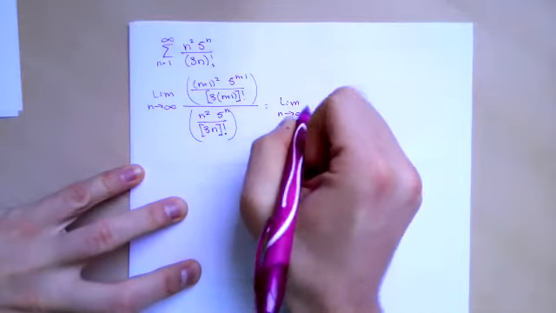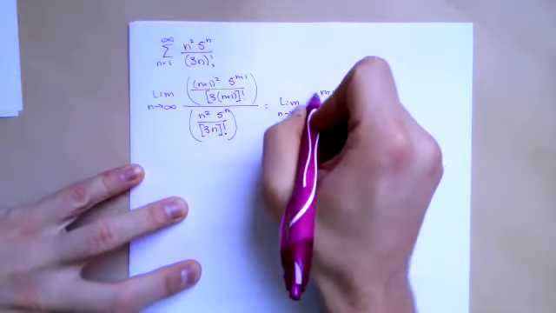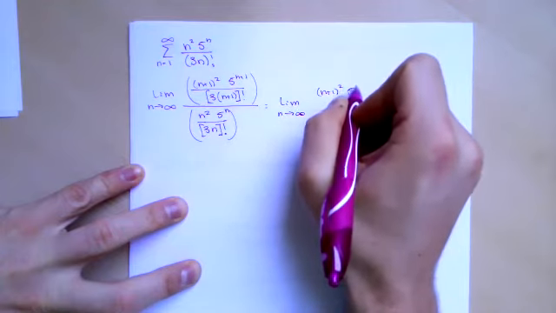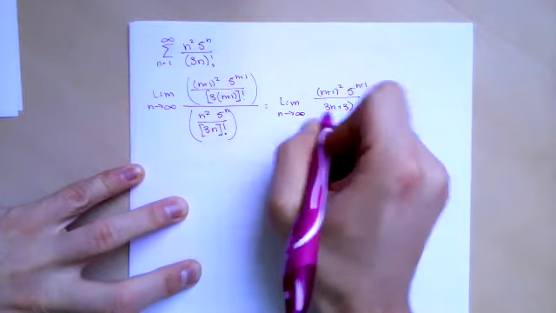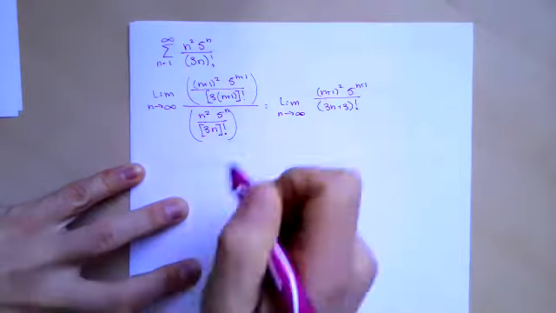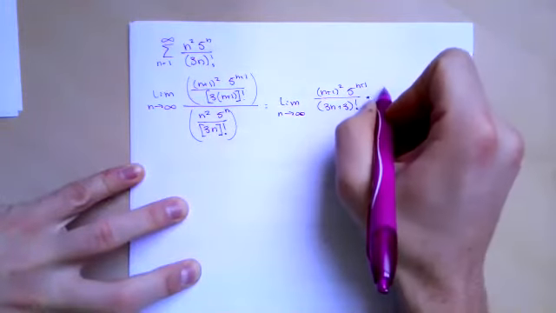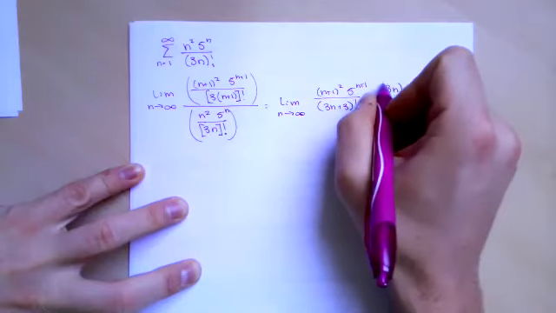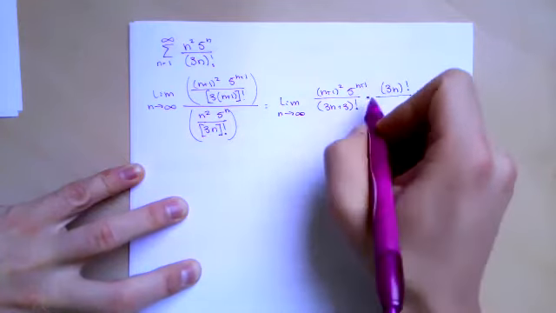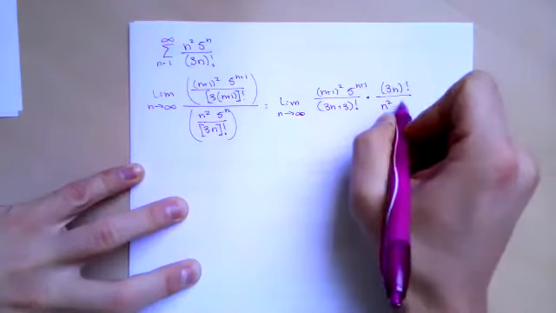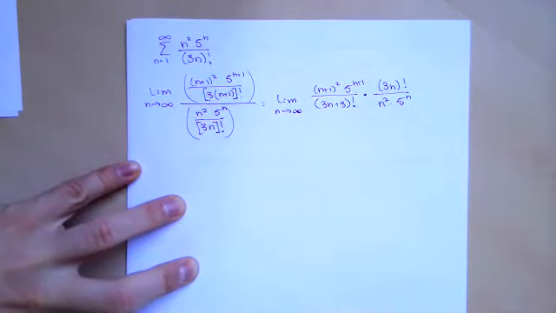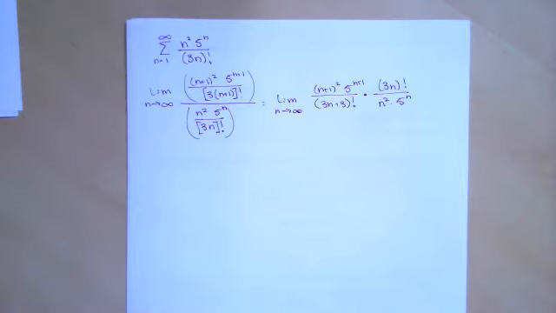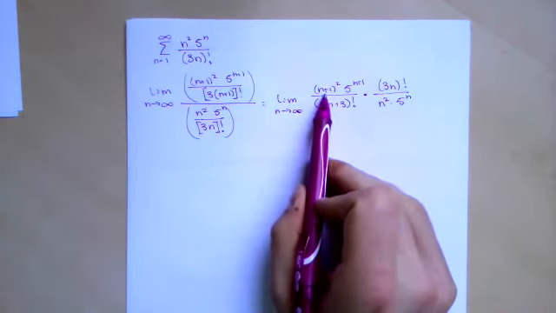So we've got n going to infinity. We've got our (n+1)^2 times 5^(n+1) over (3n+3) factorial, times the reciprocal of the denominator. We've got a (3n) factorial in the numerator, and then n^2 times 5^n. My tip with these is to group similar types of functions.